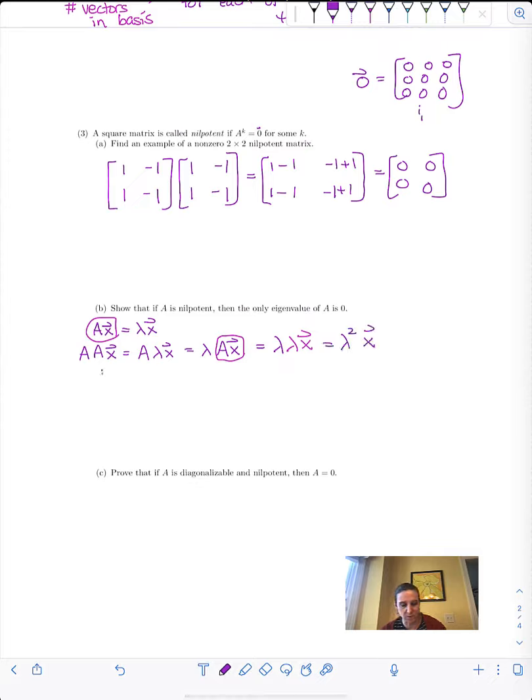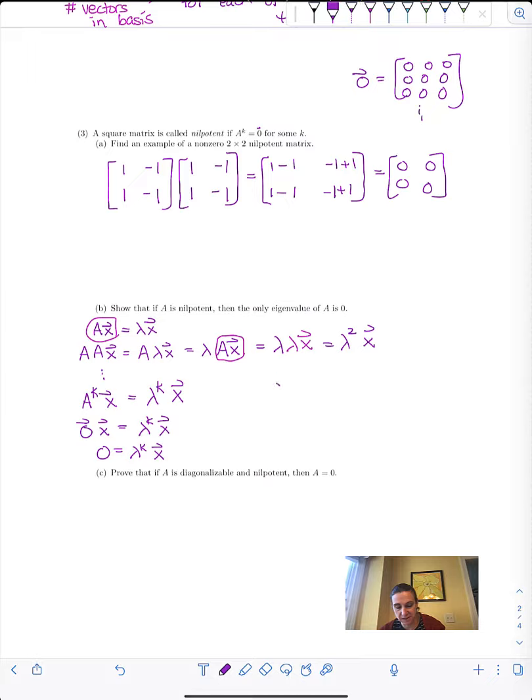And we keep going, we get A to the k times x equals lambda to the k times x. But now A to the k is 0, and so what we have is 0 equals some constant times x.